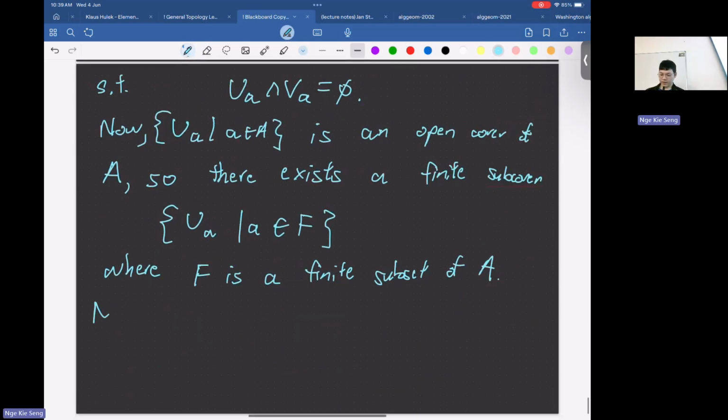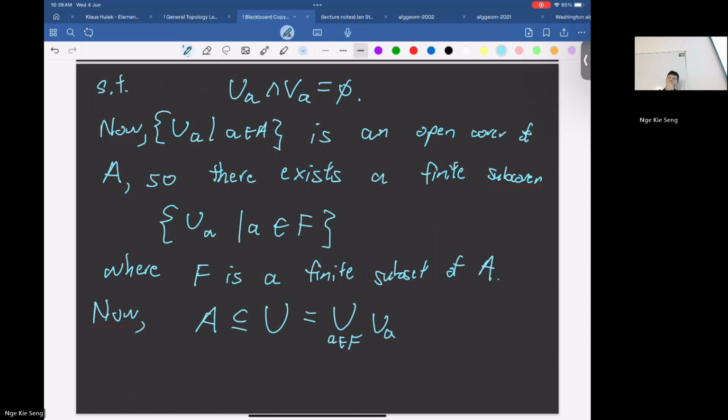Now what we produce is, if you consider the union of these finite open sets, this is an open set that covers A. A finite set that covers A, but corresponds to this UA, right?